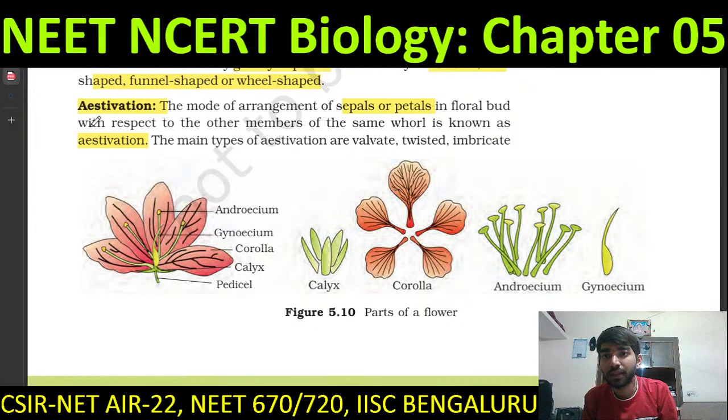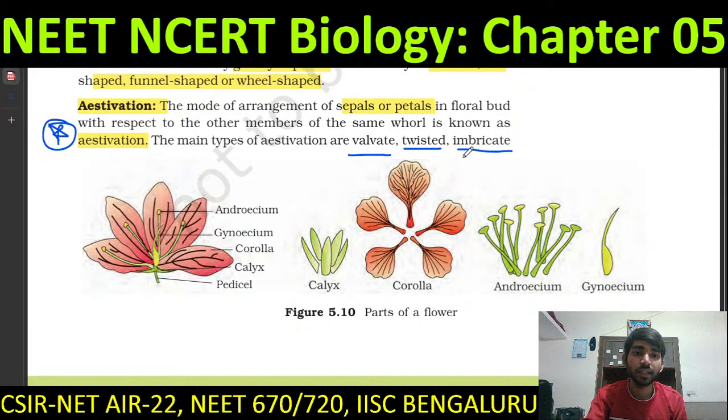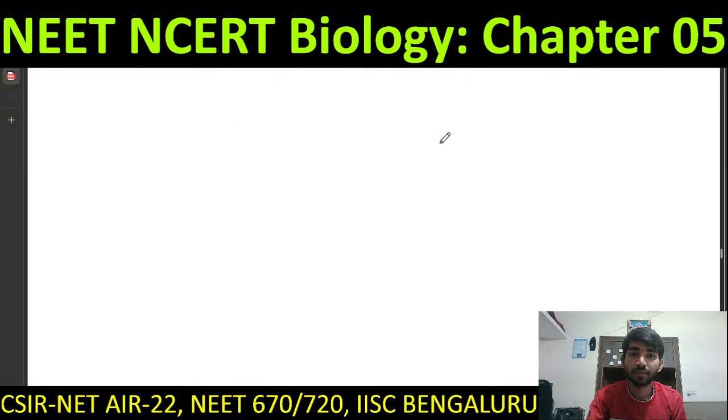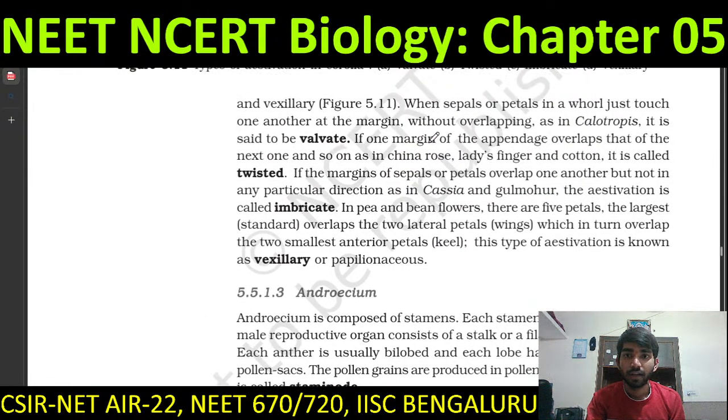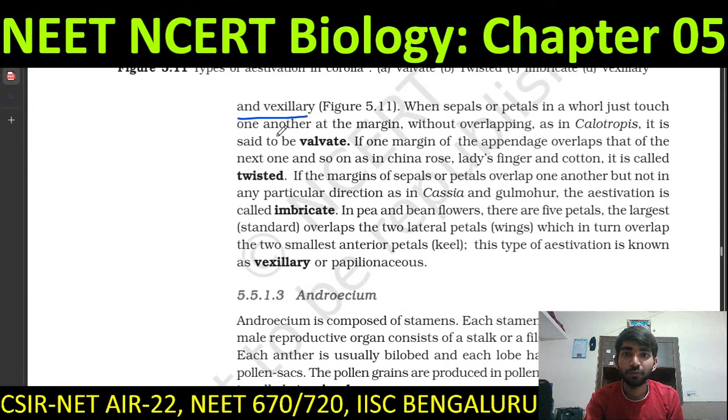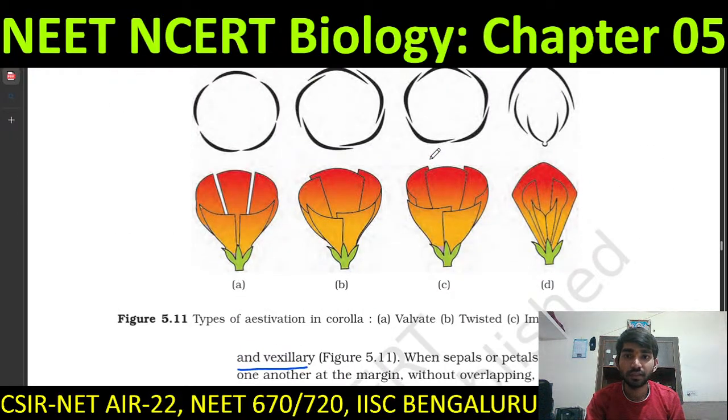This can be asked, and I think it is asked quite repeatedly. So this is an important topic that you should study and understand quite well. The main types of aestivation are valvate, twisted, imbricate, and vexillary. So these are the four different types of aestivation that we can study here.